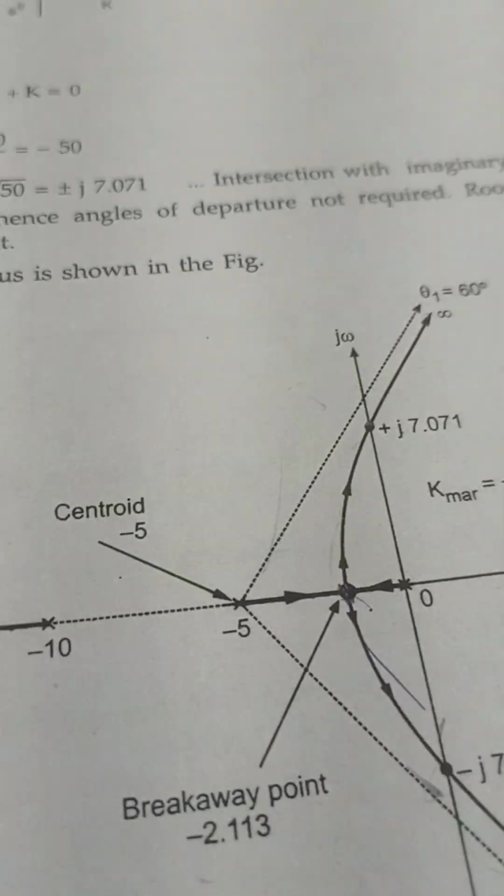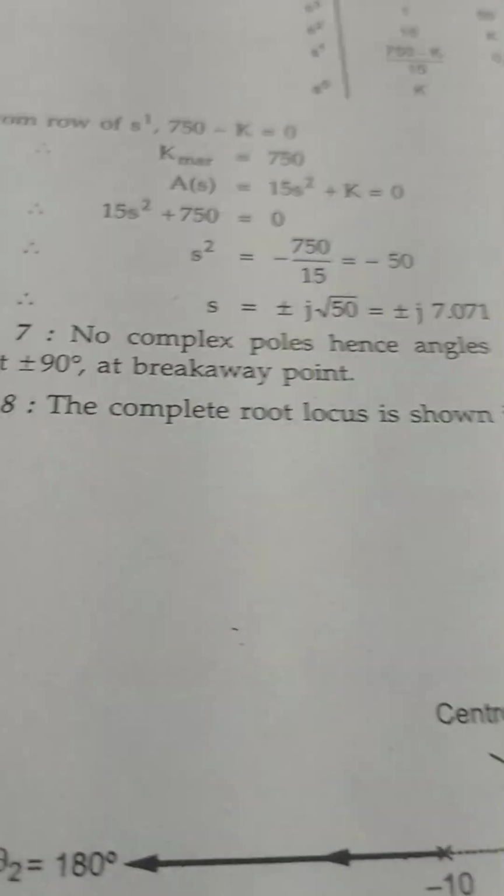One more root locus diagram. We have to find the breakaway point, which is minus 2.113, and also the angles.